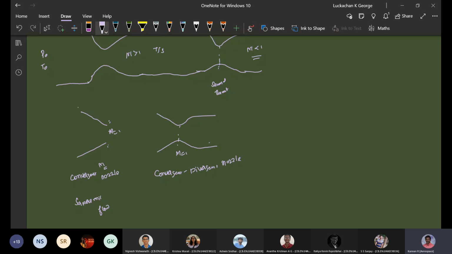Okay, you are going to have a pressure storage tank. If you connect a convergent nozzle and a convergent divergent nozzle, in the case of a convergent divergent nozzle you are going to get a better velocity. How? Why?